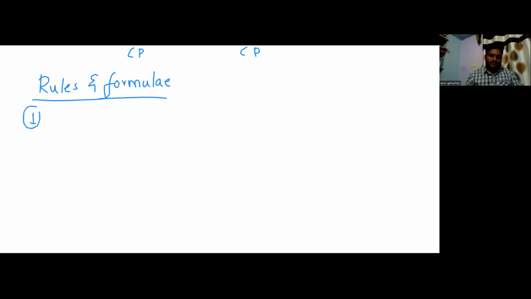If there is a profit of R percentage, then SP is equal to 100 plus R into CP divided by 100.